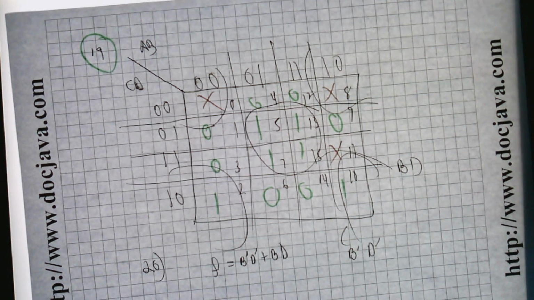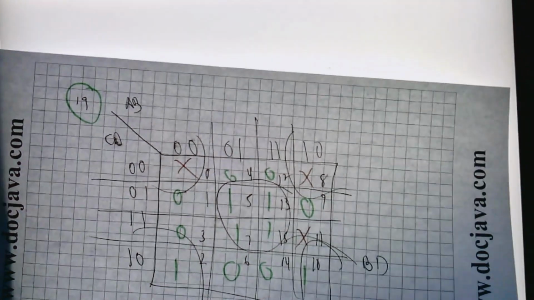Oh, it's another K-map. Okay. I think this may be... Here, to another piece of paper. So this is number 21.